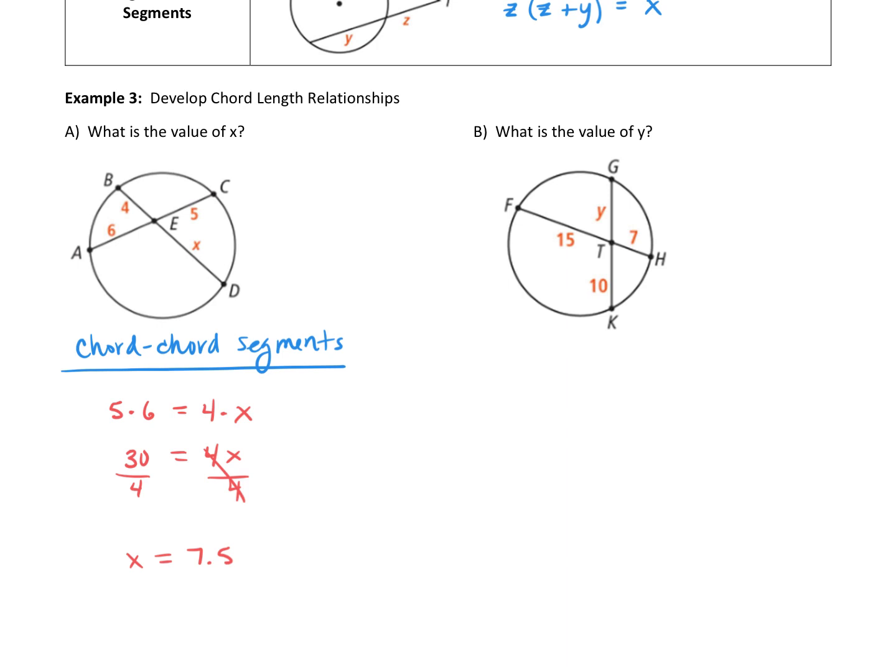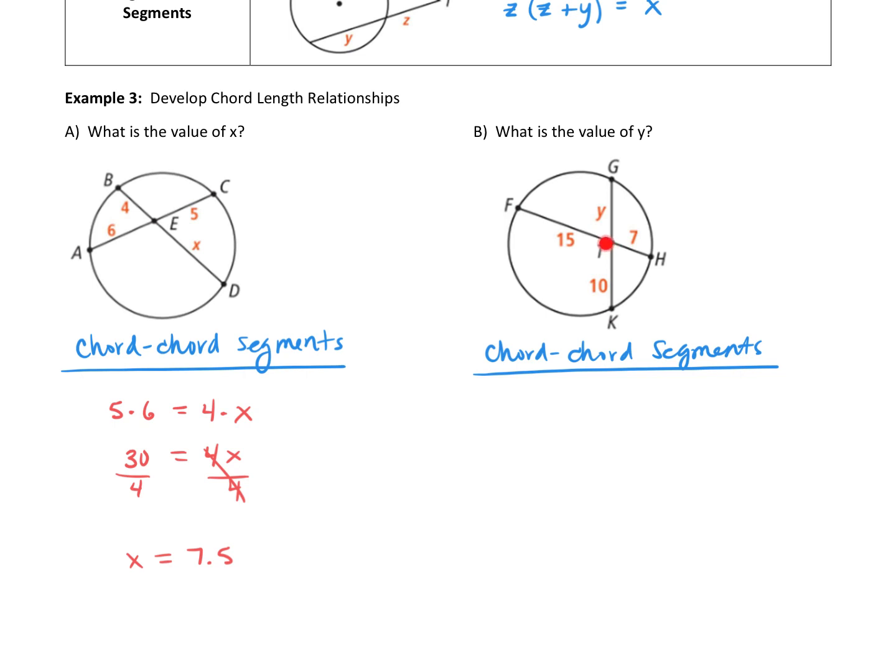All right, part B, what is the value of y? So here's our circle. I can see we have the chord segments again. When you have chord segments, where they intersect at that point T, the product of 15 times 7 is equal to the product of y times 10.